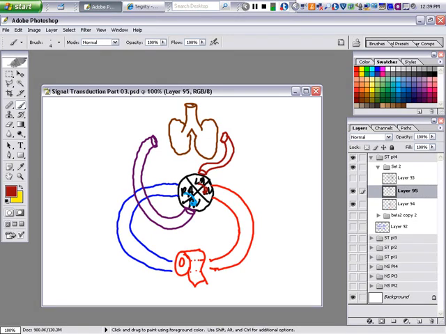The circulation going to and from the lungs is called the pulmonary circuit. This is the pulmonary circuit.